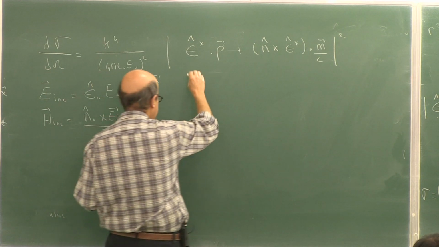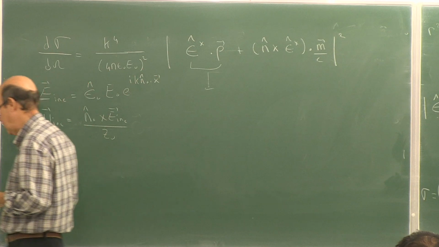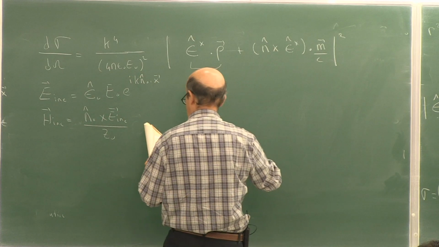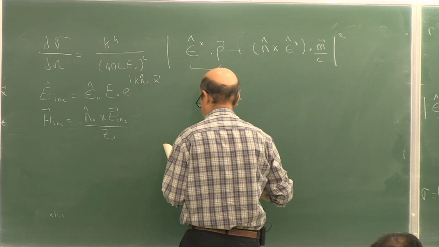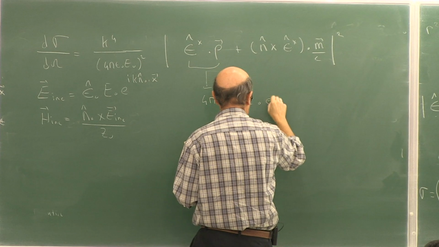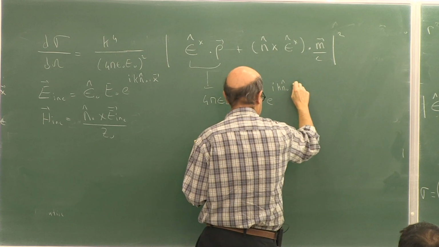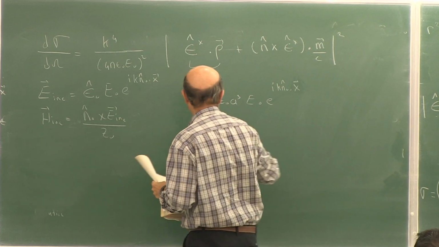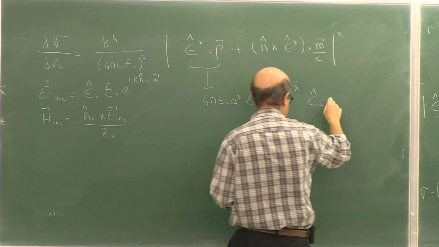If you want to calculate the first term, this is the easiest one, what will it be? The electric dipole moment is 4 pi epsilon 0 a cube, and E incident is there, and that will be equal to 4 pi epsilon 0 a cube E0 e to the i k n0 dot x, times the initial polarization epsilon 0, dotted with the polarization after the scattering.